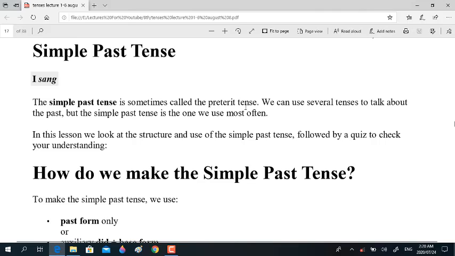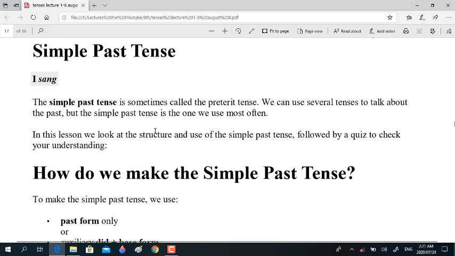We can use several tenses to talk about the past, but the simple past tense is the one we use most often. It is considered to be one of the most often used tenses, right? Because it talks about distant past, it talks about near past.